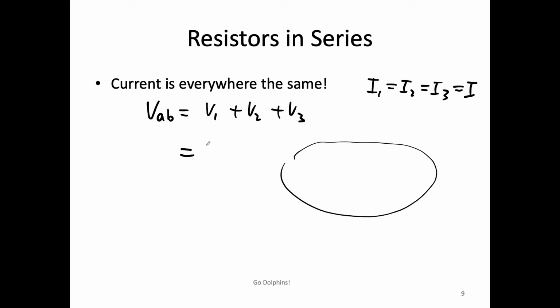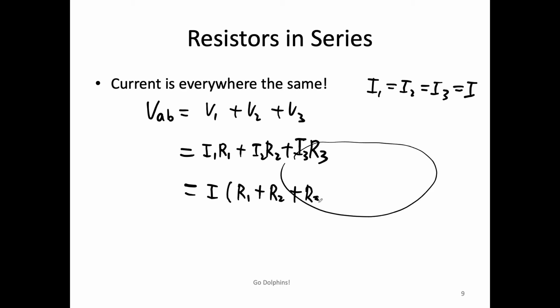Then I can apply Ohm's law. V1 is I1 times R1. This is Ohm's law. V2 is I2 times R2. V3 is I3 times R3, and they all equal I. So it's I times R1 plus R2 plus R3.